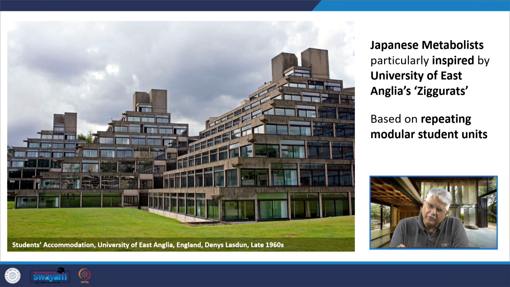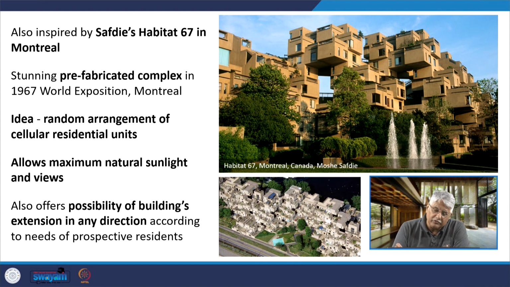They were also particularly inspired by the University of East Anglia's ziggurats, which was the student housing there, and it was based on repeated modular student units. They were also strongly influenced by Moshe Safdie's Habitat at the Montreal Exposition in 1967, a stunning prefabricated complex that Moshe Safdie had envisioned and that was built there.